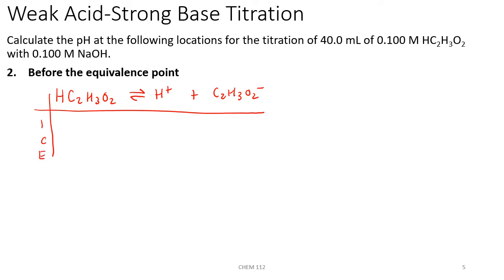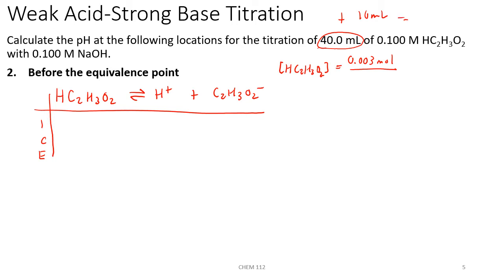Our initial concentration of our acetic acid can be calculated by taking the number of moles and dividing by the total volume in liters. So we calculated that the number of moles of acetic acid that were left over was 0.003 moles, and we had 40 milliliters of our weak acid in the flask initially, and we added 10 milliliters of sodium hydroxide.